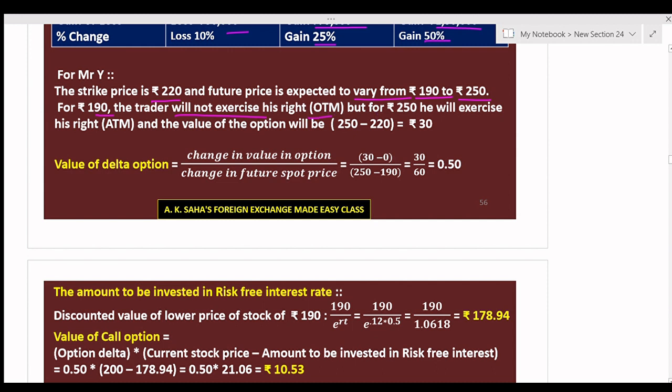But for rupees 250, he will exercise his right because it is ITM, not ATM, it is ITM. And the value of the option will be 250 minus 220 is equal to rupees 30. Value of the delta option, change in value of option divided by change in future spot price, that is equal to 30 minus 0 divided by 250 minus 190 is equal to 0.50.